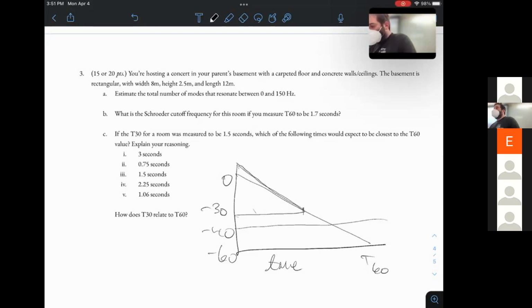Well, then my value is going to be wrong by some amount, right? So the T30 is just an estimation of T60. And the reason that you need it is because you can't always make an excitation that's 60 dB above your noise floor. Does that feel any clearer? Yeah, okay. The long and short of it is those values should be the same or close to. They won't be identical, otherwise there'd be no need for a T60, but they should be close.